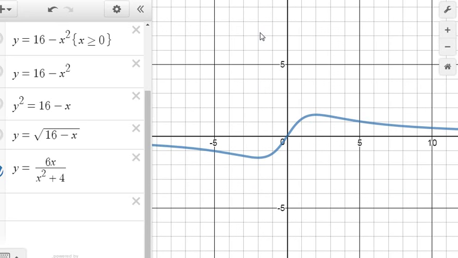Okay, so what do you think? One-to-one function or no? Does it pass the horizontal line test? No, it fails the horizontal line test. So it's not a one-to-one function. It fails the HLT.